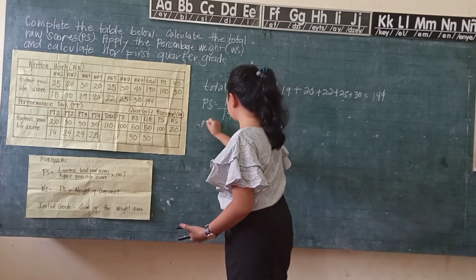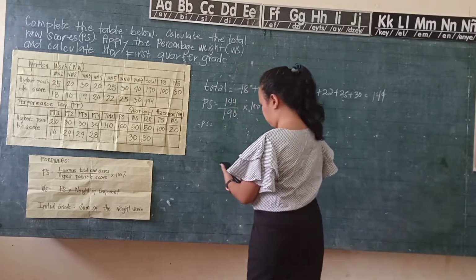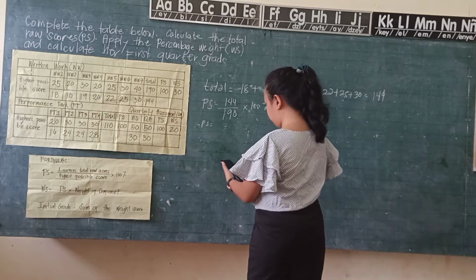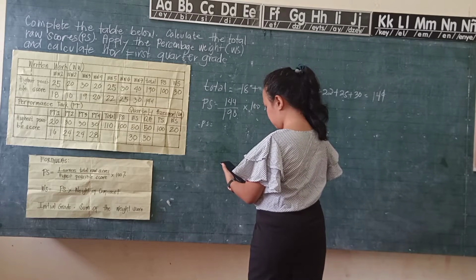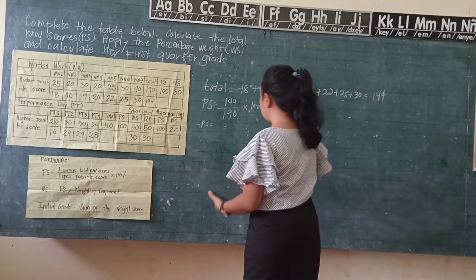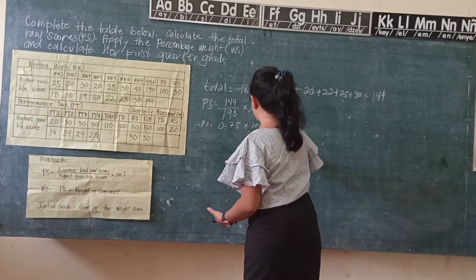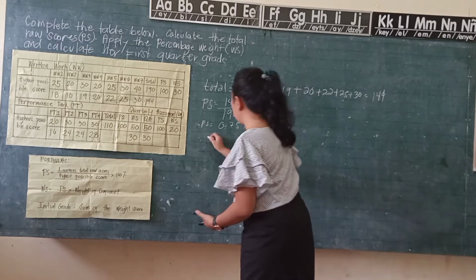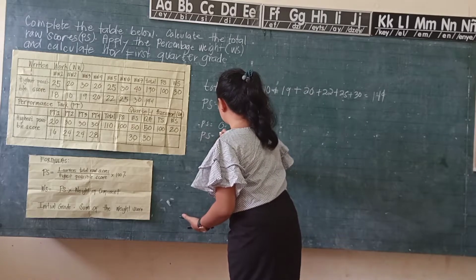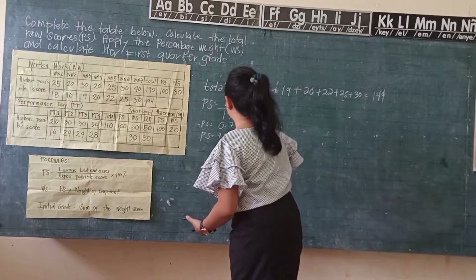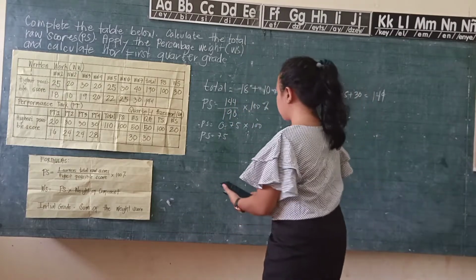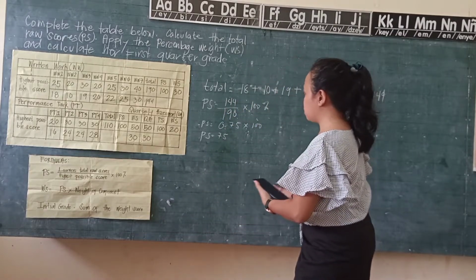So 144 divided by 190 equals 0.75, times 100 is equal to 75. So 75 is the PS score.